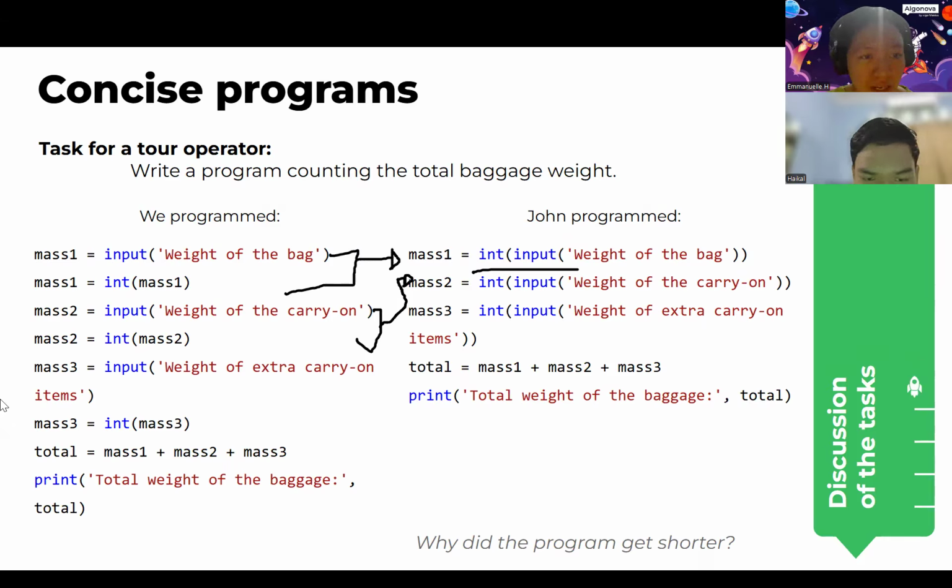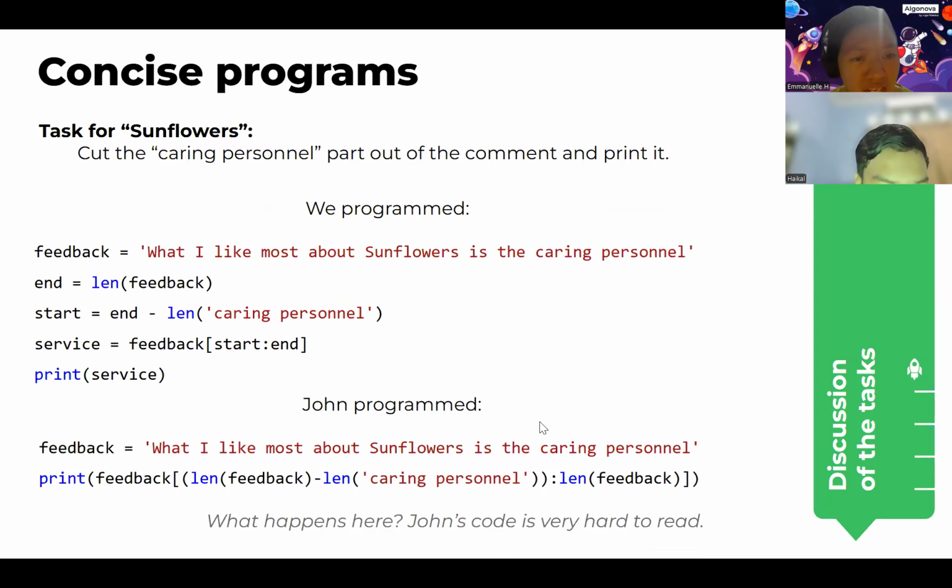Next, how about this? At first glance, this code actually works, but I don't suggest you do something like this, even though it works and has no error, because when you merge the code, it's too long, and it's very hard to read.